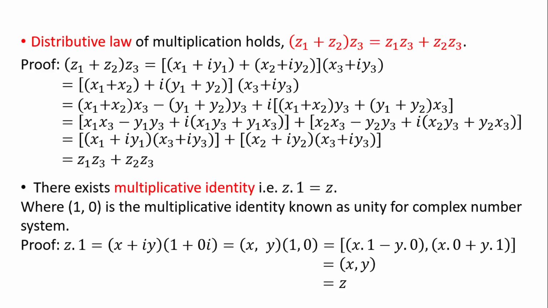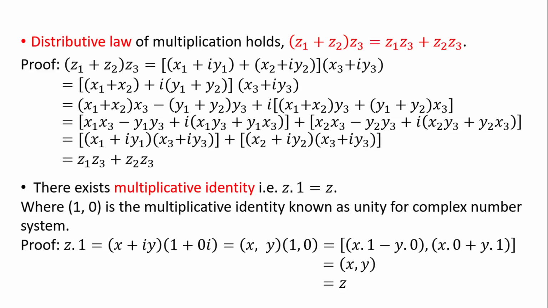Now let us prove it. So z into 1 equal to, let us put the value of z, that is x plus i y, and 1, that is real part 1 plus imaginary part 0, so 1 plus 0i. In case of ordered pairs we can write (x, y) into (1, 0). So we know the product rule: x1 x2 minus y1 y2, and x1 y2 plus y1 x2.